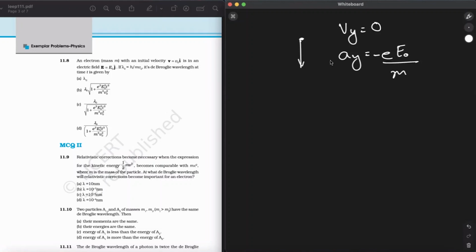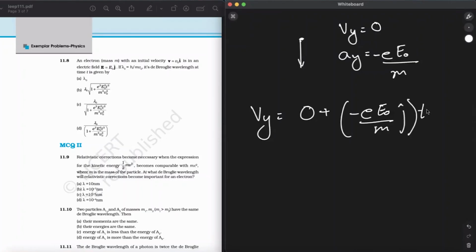Now I write v equals u plus at: vy is 0 plus acceleration, minus eE naught upon m, times t. So vy is minus eE naught upon m times t j cap.